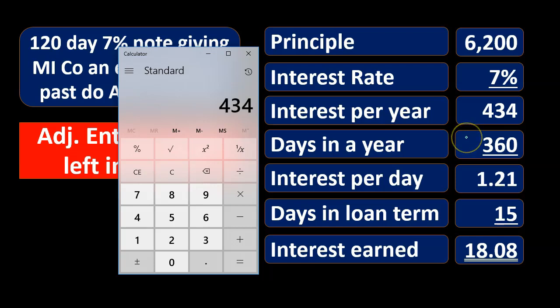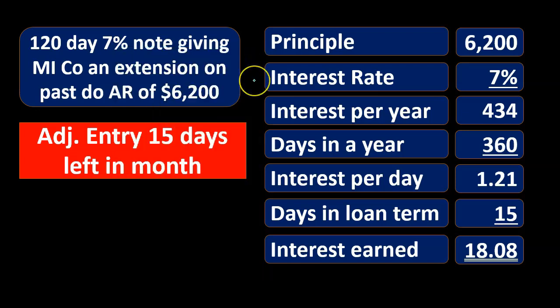So we'll break it out into a daily total, dividing by the number of days in a year, not 365, but we're going to use 360, 12 times 30, divided by 360, gives us 1.20555, about 1.21. We'll take this number, the unrounded number, times 15, and that'll give us 18.08. We're going to round it to $18 for our journal entry.